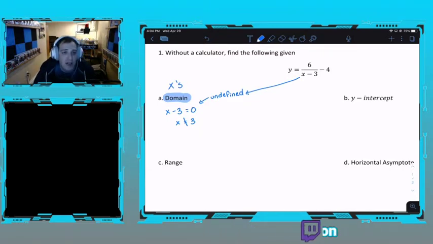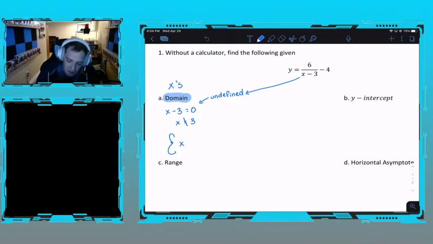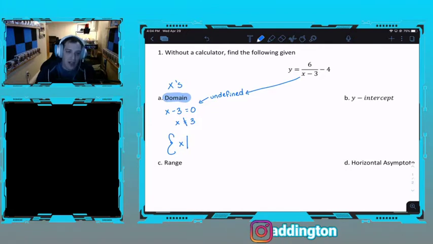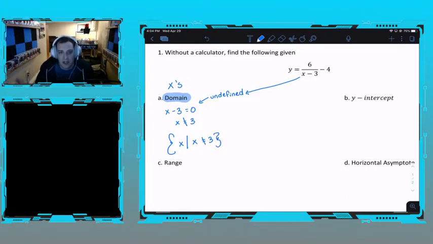So to write it out as a domain, we just have to do the squiggly bracket. So this is going to be all of the x values such that, we did that little vertical line, x cannot equal 3. So all x's work except for that 3 value. That's where we're going to have an error. Okay.